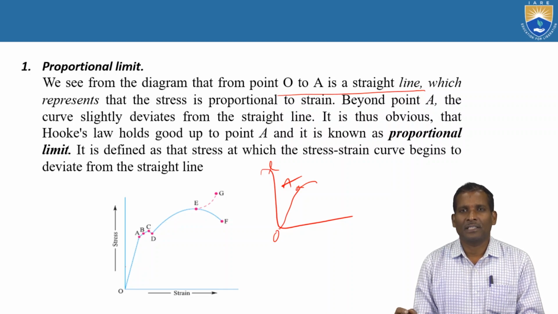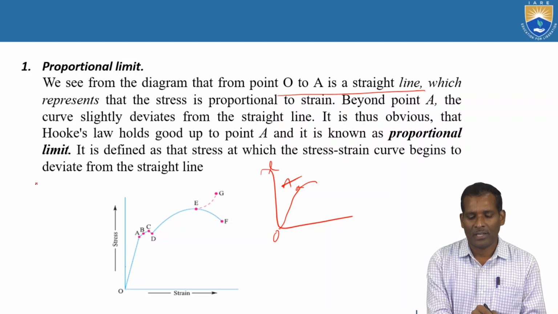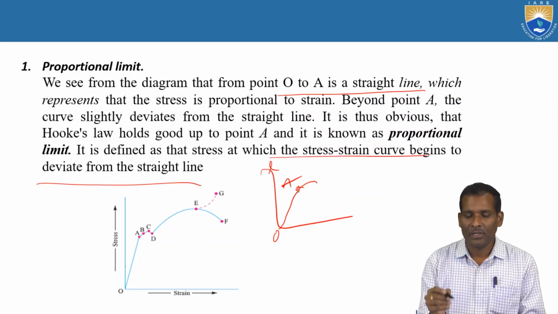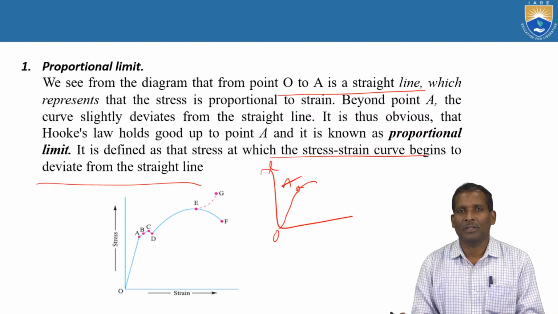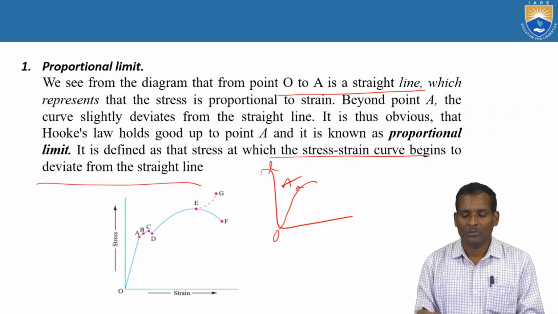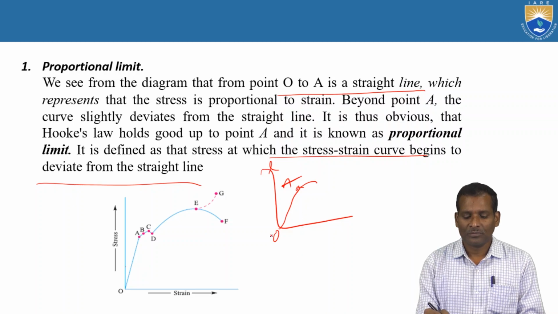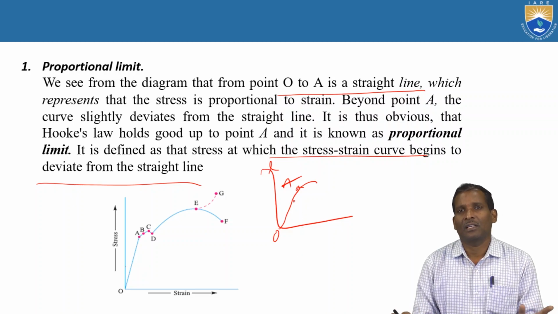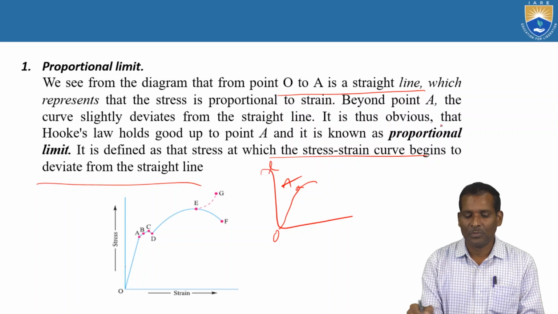It is defined as the stress at which the stress strain curve begins to deviate from the straight line. Up to A, from O to A, the material is within the elastic limit, as per Hooke's law.